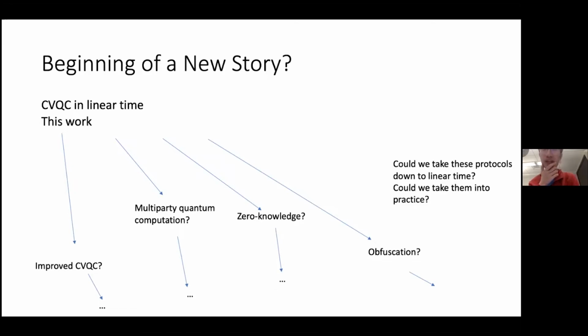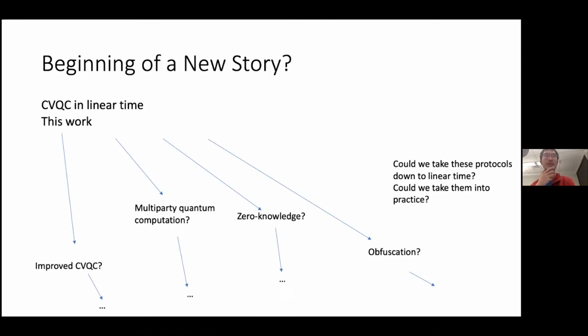Also, do you know any negative results for information theoretically secure one server protocols? So I assume you mean classical one single server protocols that achieve IT security. I don't think there is any. I don't think there is any understanding for this problem, actually, both on the positive part and negative part.